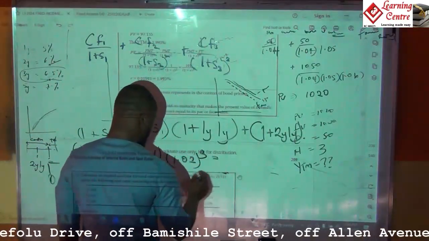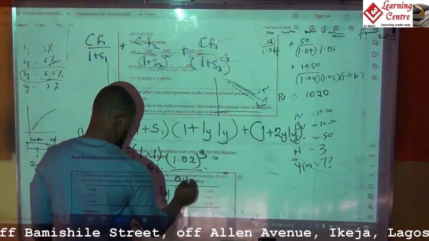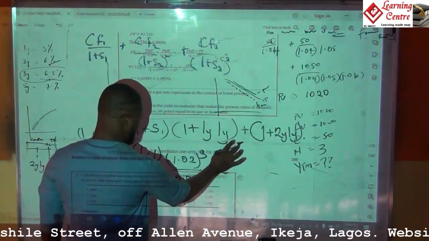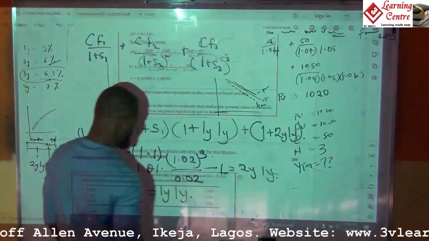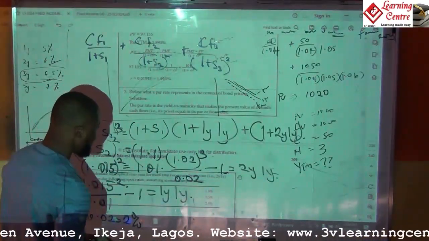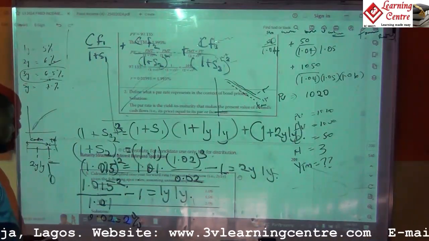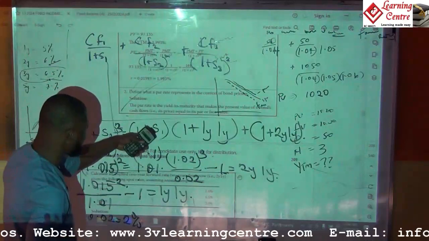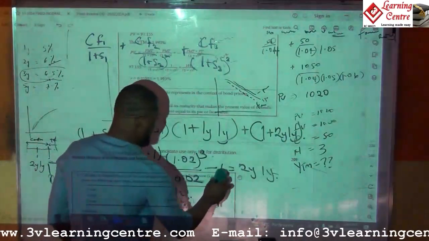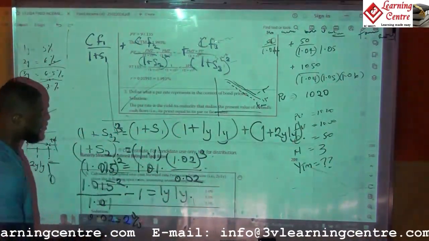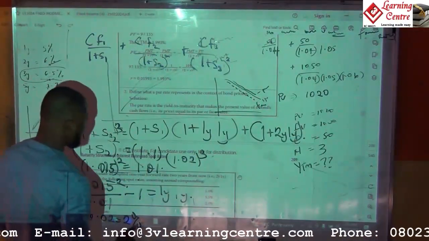Divided by 0.02 minus 1 plus. How do you get to this point? You are going to use the entire first formula: 1 plus S1 plus 1 plus Y1 plus Y2, the augmented sum, and the extended one that will have this percentage.